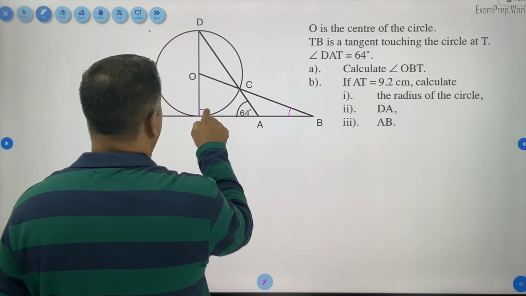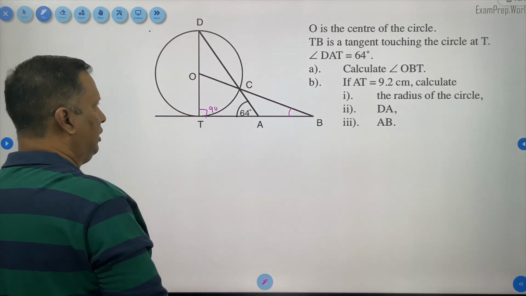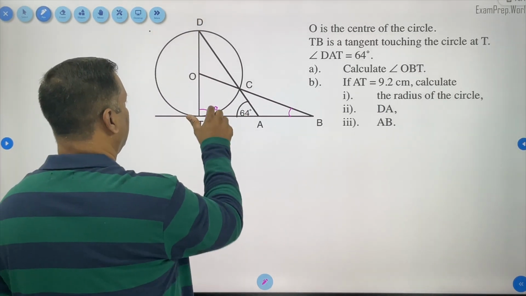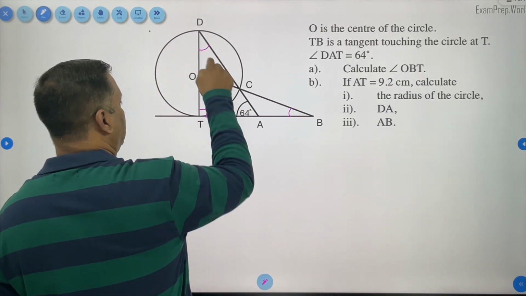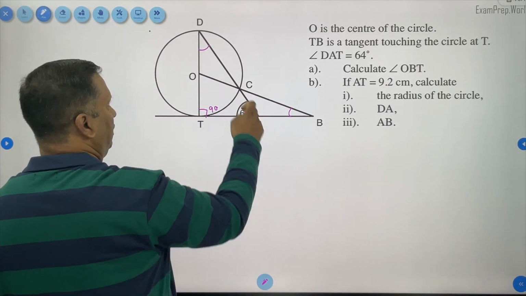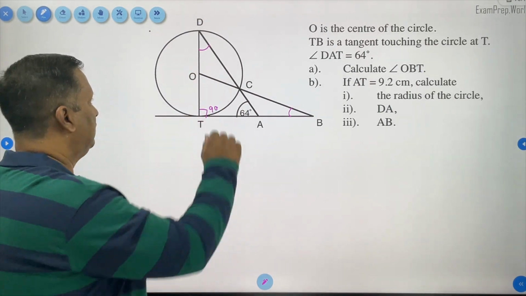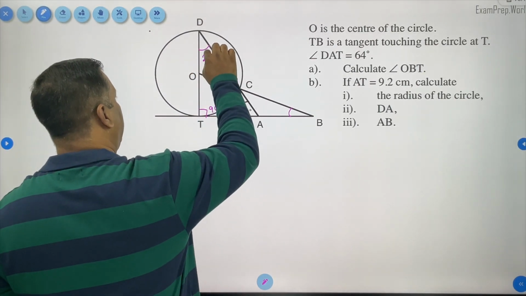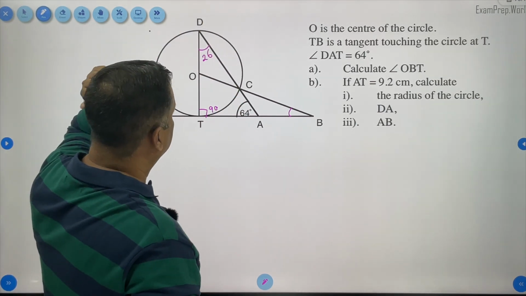This is 90 because the tangent and the diameter or radius are perpendicular. If this is 90, this is 64. How much is this? 90 minus 64. Look at this triangle, TDA. If this is 64, this has to be 26, right? Now this 26 is done.